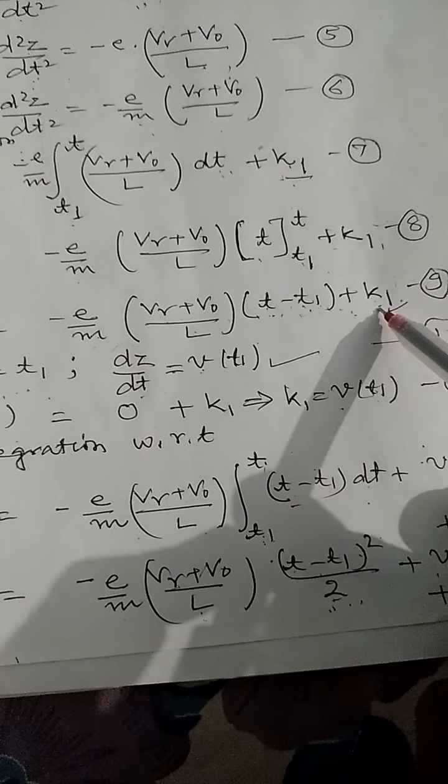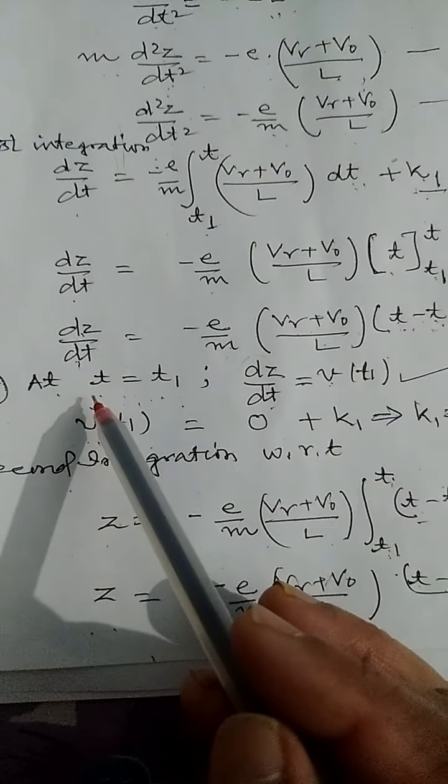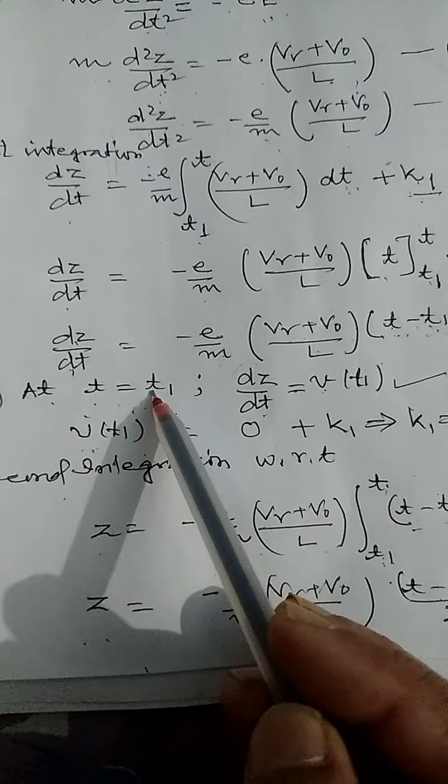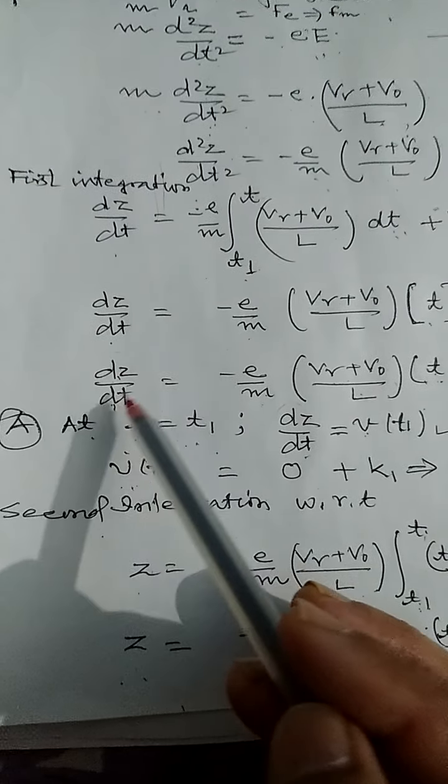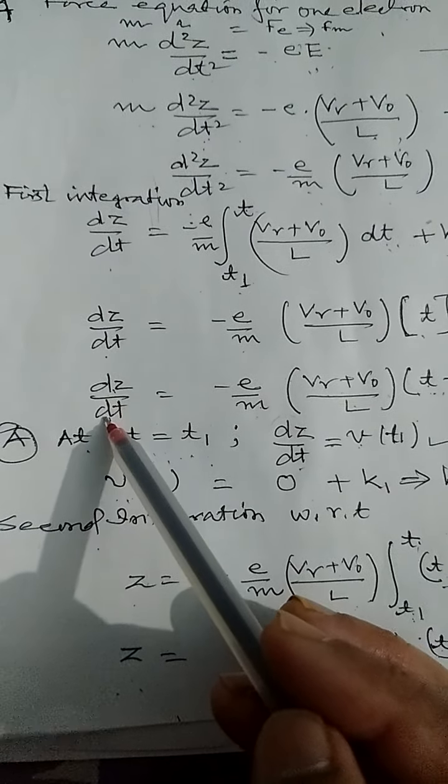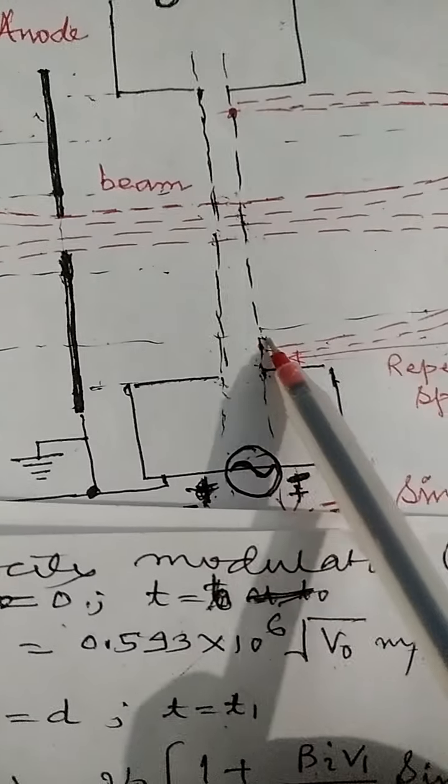K1 we can calculate by placing the condition that at t is equal to t1, dz by dt is the velocity at t is equal to t1. At t is equal to t1, the velocity is v of t1. So here we can place that dz by dt is nothing but the velocity at time t1.